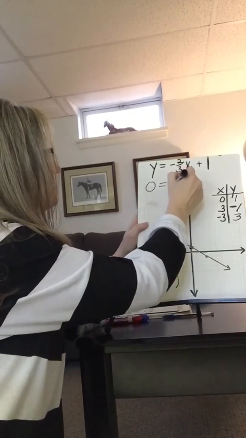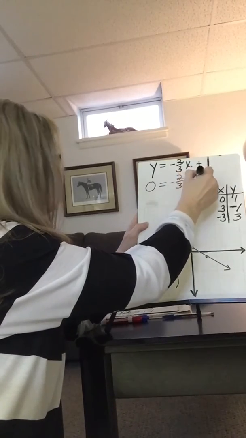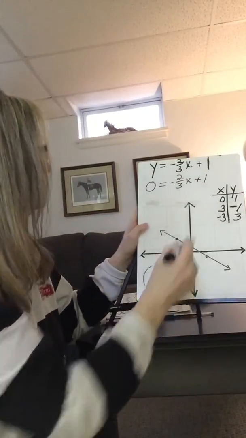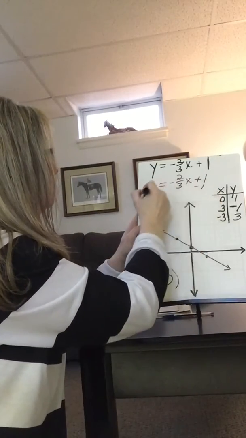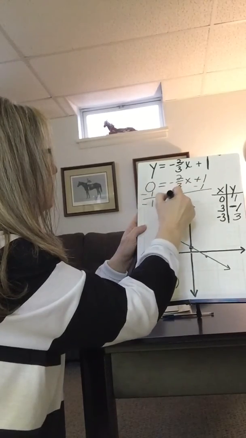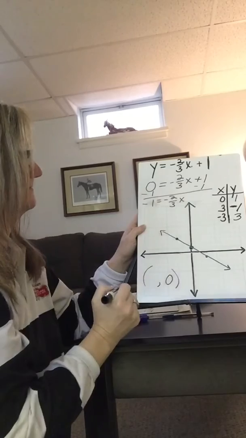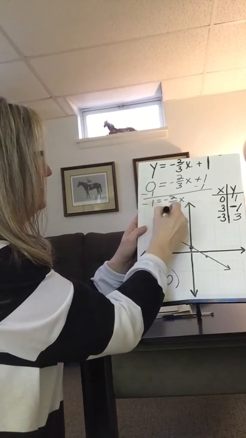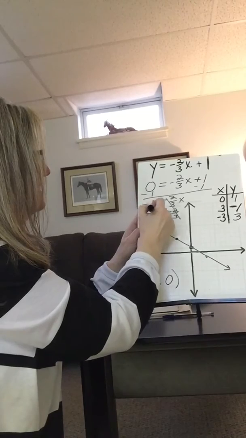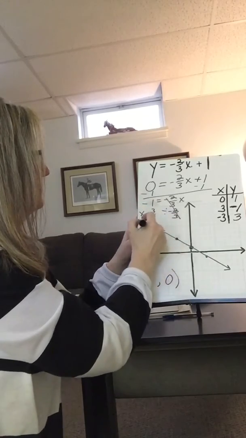So my 0 equals negative 2/3 x plus 1. All right. So if I subtract 1 from each side, I get negative 1 equals negative 2/3 x. And then you would divide each side by negative 2/3, which really is multiplying by negative 3/2.